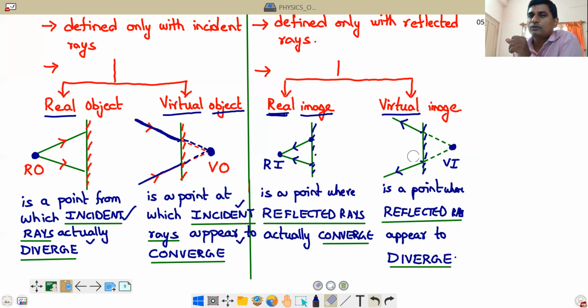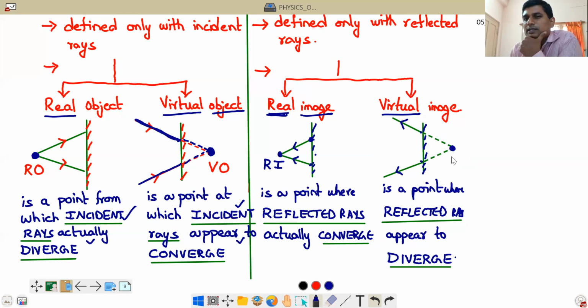Now these rays are the reflected rays, because for reflected rays there should be incident rays. That's why I have drawn those incident rays. Now these reflected rays are going like this. Correct or not, students? So what is the definition of virtual image? A point where reflected rays appear to diverge. If you extend them back, they'll meet at one point.